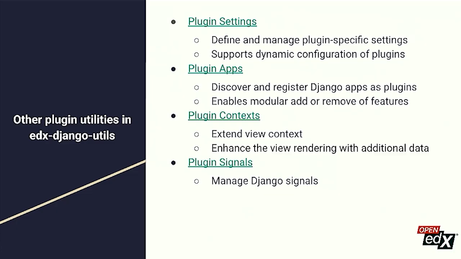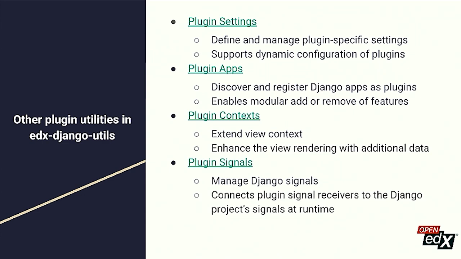And as the name suggests, the plugin signals enables you to manage the Django signals for the plugins. It connects the plugin signals for your plugin app. Plugin app signal receivers are configured and connected with your core Django project at runtime.